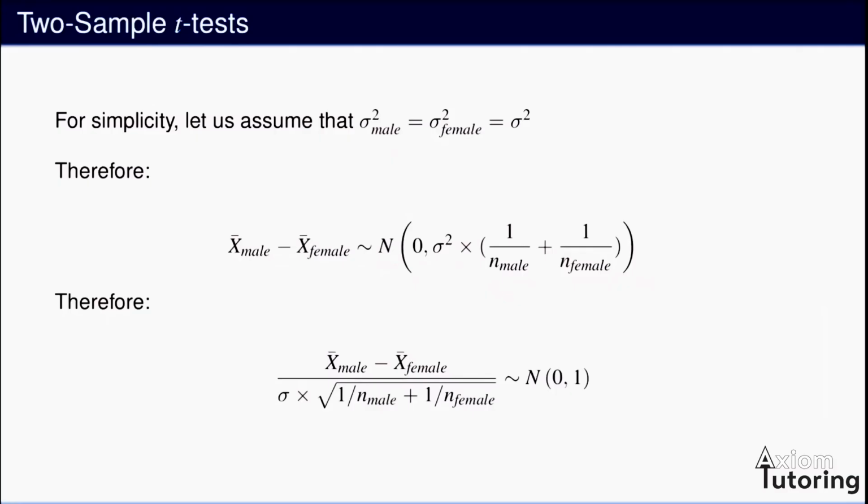So I standardize my variable: I subtract the mean, which was 0 in this case, and divide by the standard deviation. I just take the square root of this. The square root of sigma squared gives me sigma, and then the square root of this term just gives me that part. And I know that this will be distributed normally with mean 0 and variance 1.